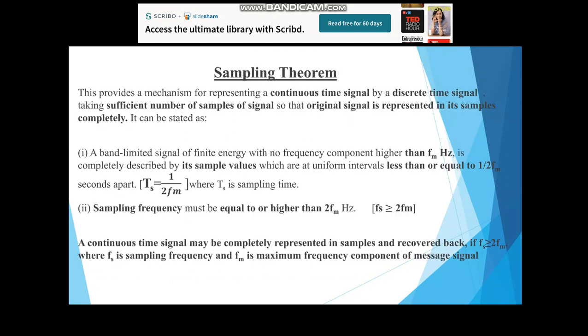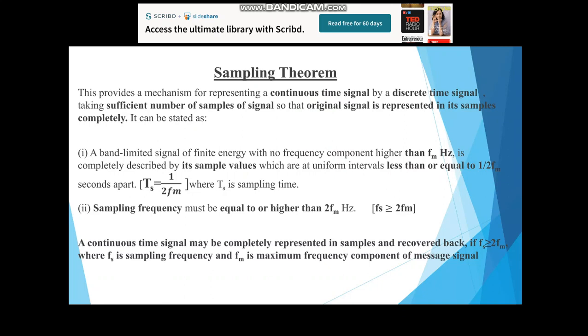Sampling theorem. This provides a mechanism for representing a continuous-time signal by a discrete-time signal, taking a sufficient number of samples of the signal so that the original signal is represented in its samples completely.